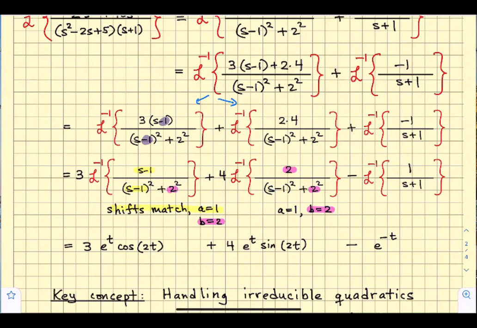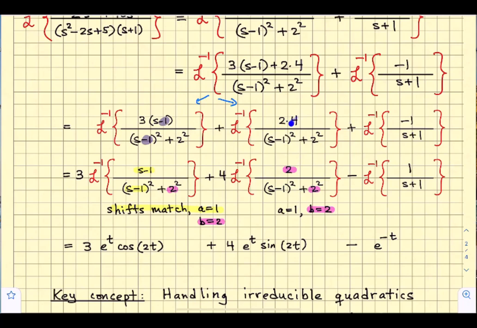So that means if we were just to cover up the shift, we know the shift of 1 in the s domain corresponds to multiplication by an e to the t in the t domain. So if we cover this up and view this without the shift, this looks like something that inverse transforms back to sine 2t.